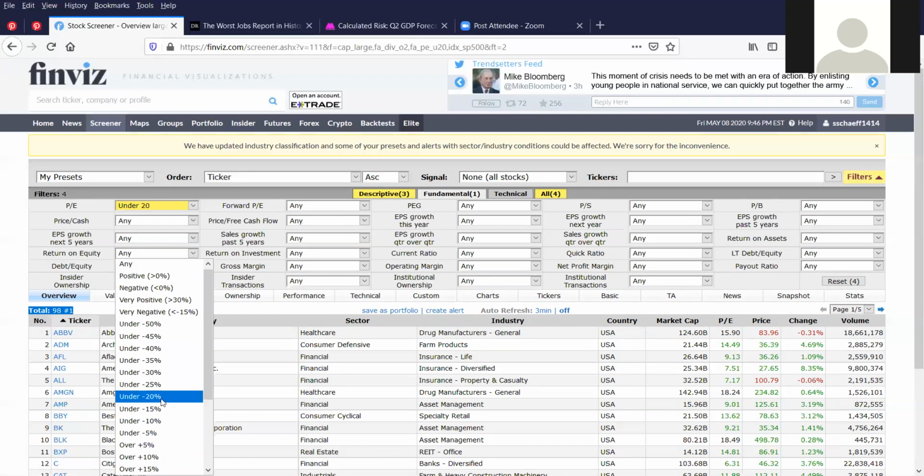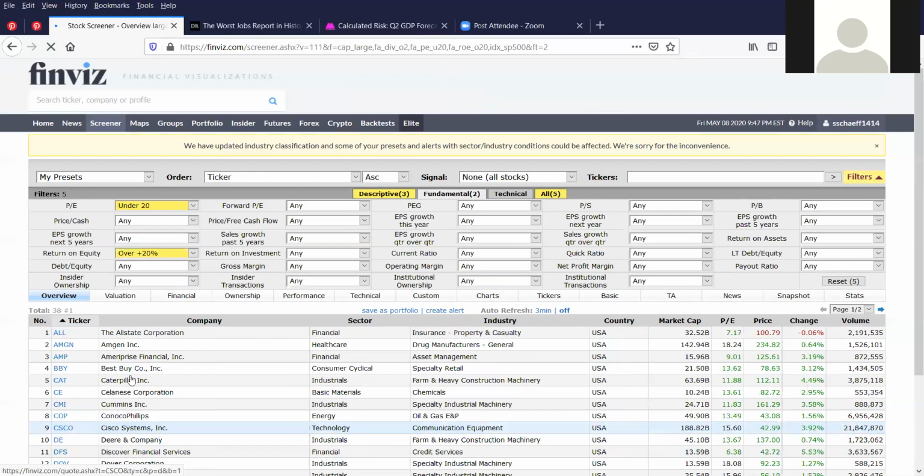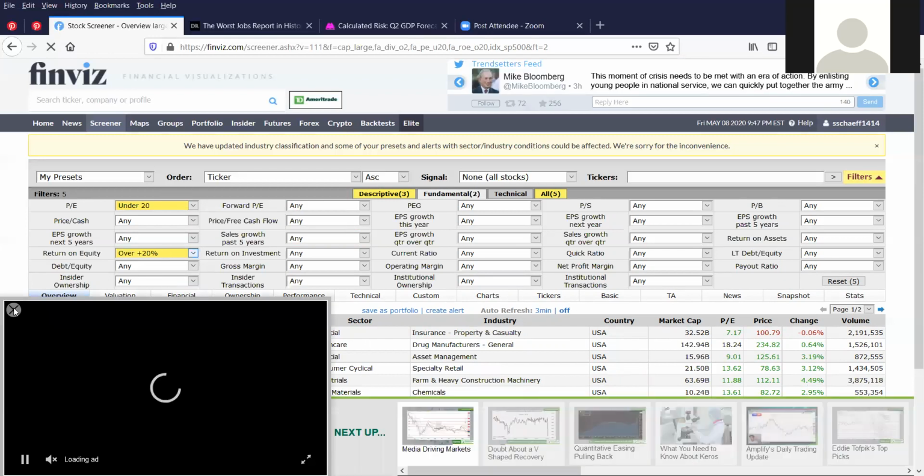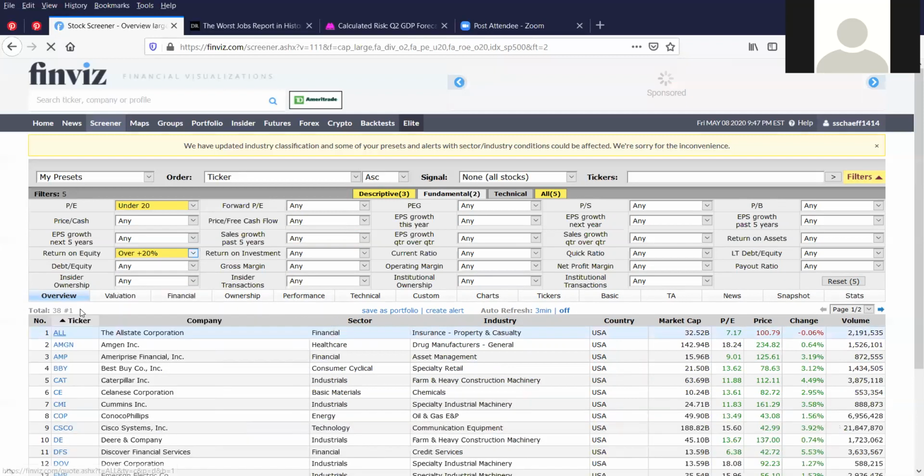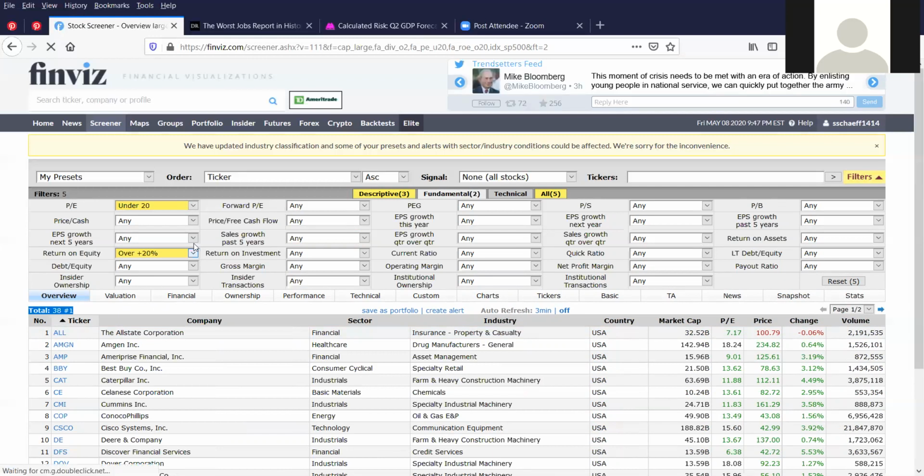Not that we could trust the numbers, but at this point, because of the coronavirus. But we added two more filters, the PE under 20 and the return on equity of over 20. And the pop-up appeared again. But we got down now from 500 to 38 companies, which is actually a reasonable number of companies with which to look at.